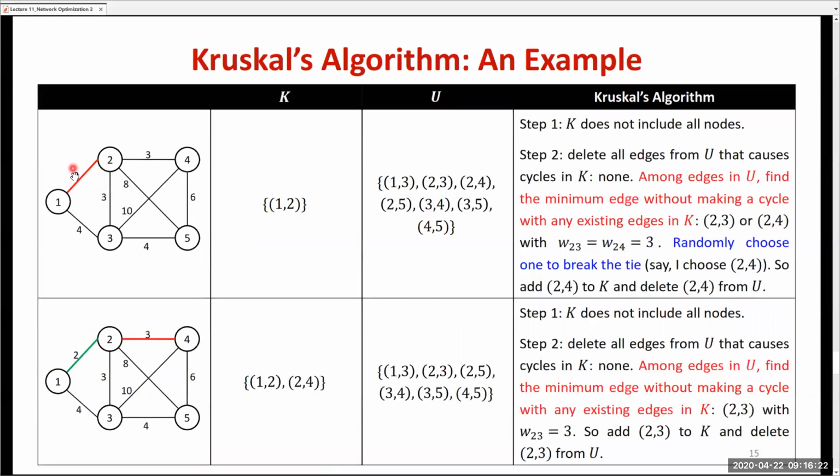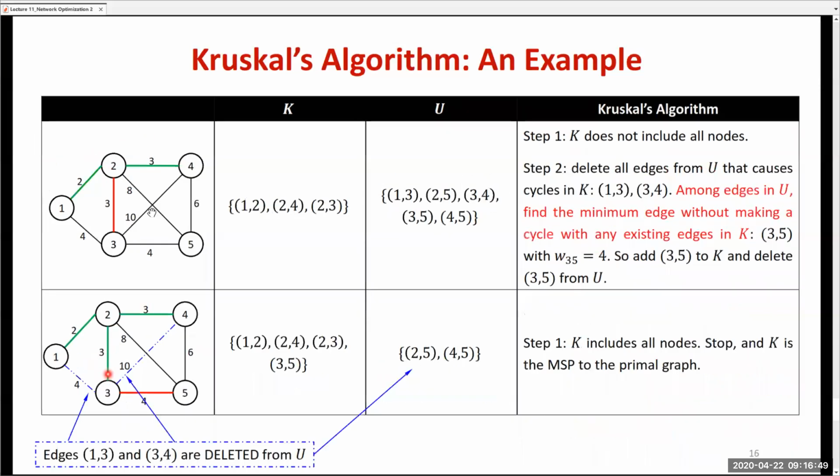Again, you cannot choose any edges in U that have a cycle with this existing edge 1, 2 in K. So we choose the minimum one. Here I have two choices and I'm going to choose 2, 4, just randomly choosing one. And now again, we are not going to find any edge in U that would form a cycle. So again, we choose the minimum one, which is 2, 3 here.